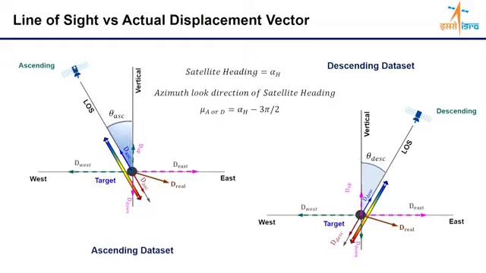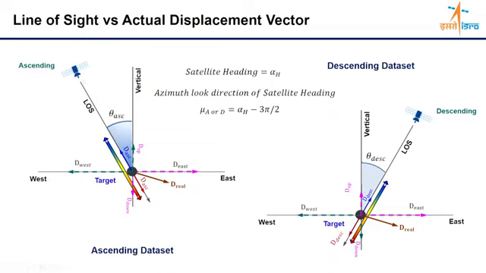This is the ascending pass. In the ascending pass, the satellite moves from the south pole to the north pole. Not exactly; it starts slightly eastward of the south pole and moves towards slightly westward of the north pole. So this is the trajectory.